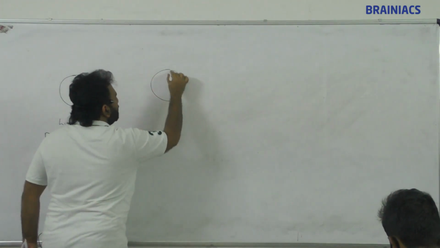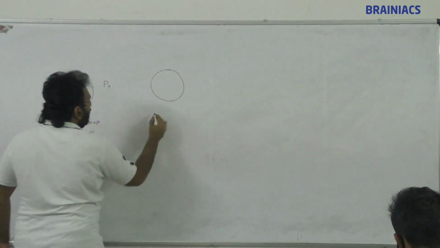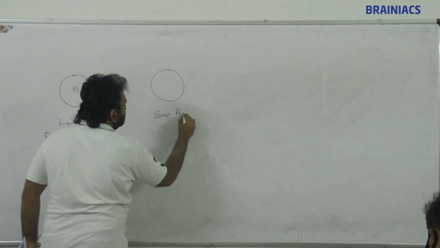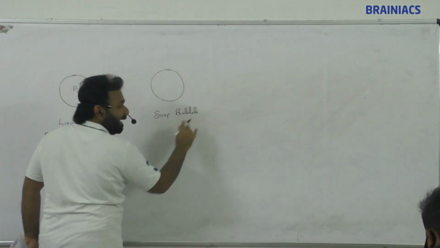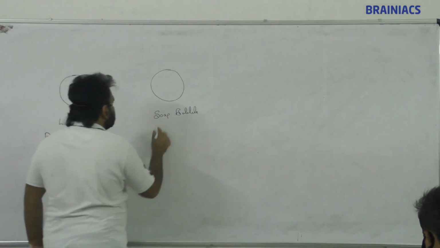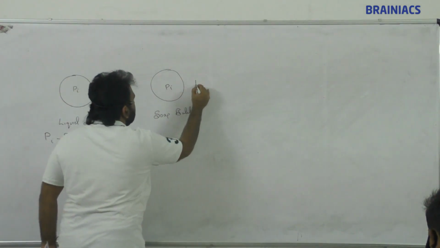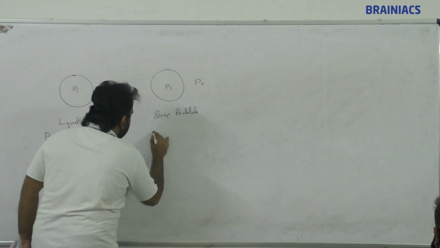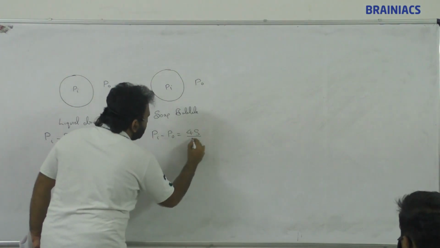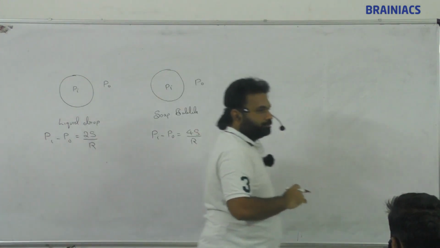If this is a soap bubble or any bubble, with pressure inside and pressure outside, then Pi minus P naught will be 4S by R. Clear?